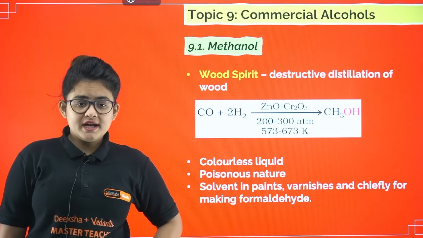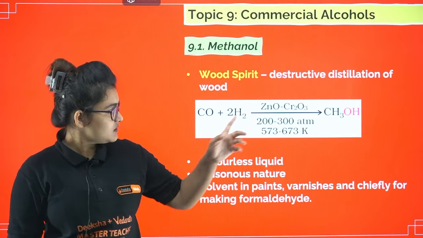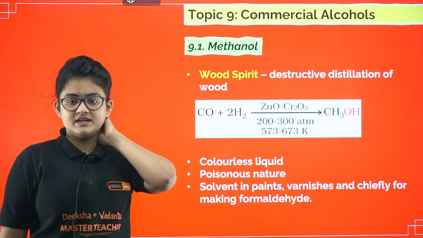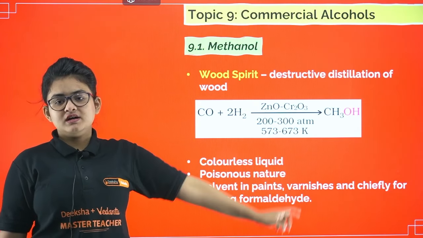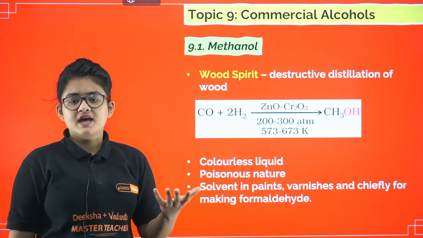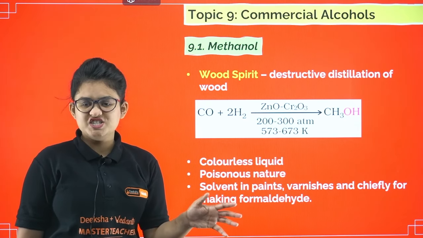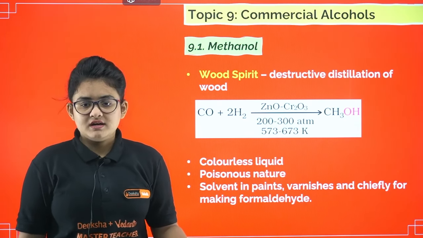So what will you get? Carbon monoxide plus hydrogen. In this case you need some zinc oxide and Cr2O3 type of catalyst. You will end up with methanol, CH3OH. This is a colorless liquid, poisonous in nature, and you can use it as a solvent in different types of varnishes, paints, like that.